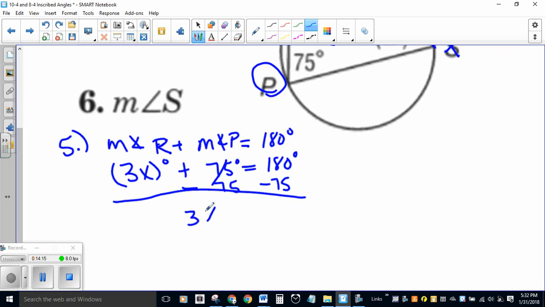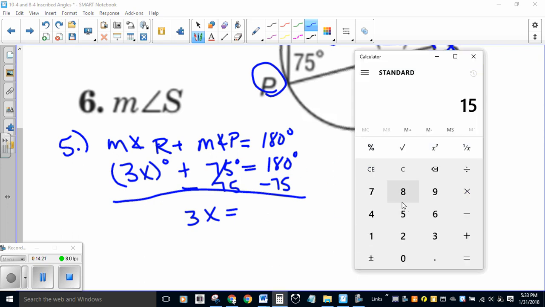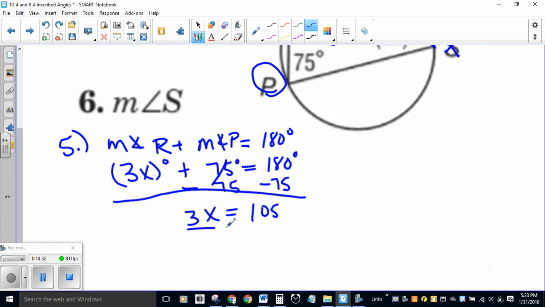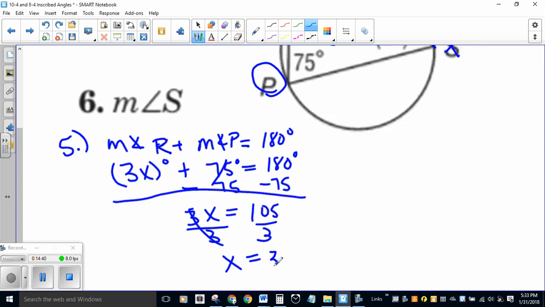So I get 3x is equal to 105 degrees, or 105 divided by 3, so I'm going to get x is equal to 35.